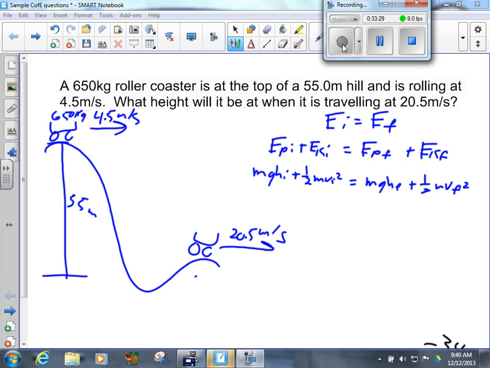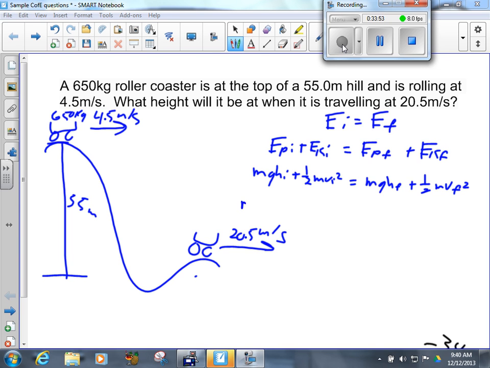I should move the final kinetic energy over to this side. The initial mechanical energy minus the kinetic energy should give me the potential, because we calculate mechanical energy by adding potential and kinetic. So if I want to find the potential, I subtract the kinetic over to this side.